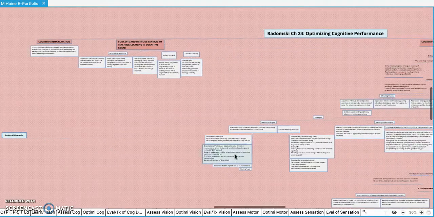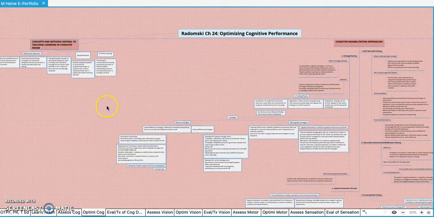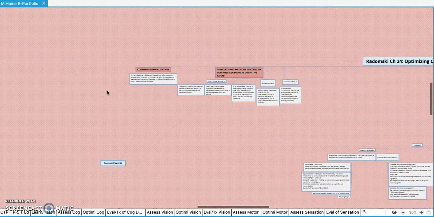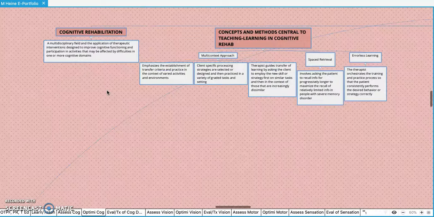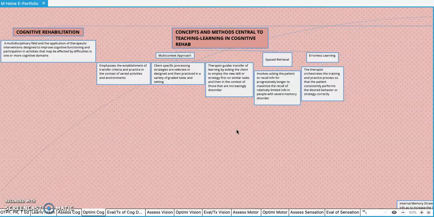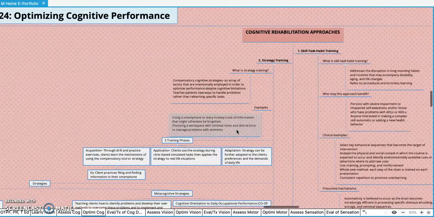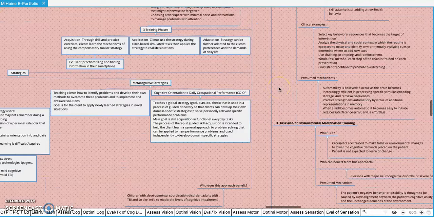So now we want to optimize our cognitive performance now that we've created a baseline with our assessments. So cognitive rehab, the concepts and methods to teaching and learning cognitive rehab. Our approaches. First, we have skill, task, habit training, and then we have strategy training, and then what all that encompasses.